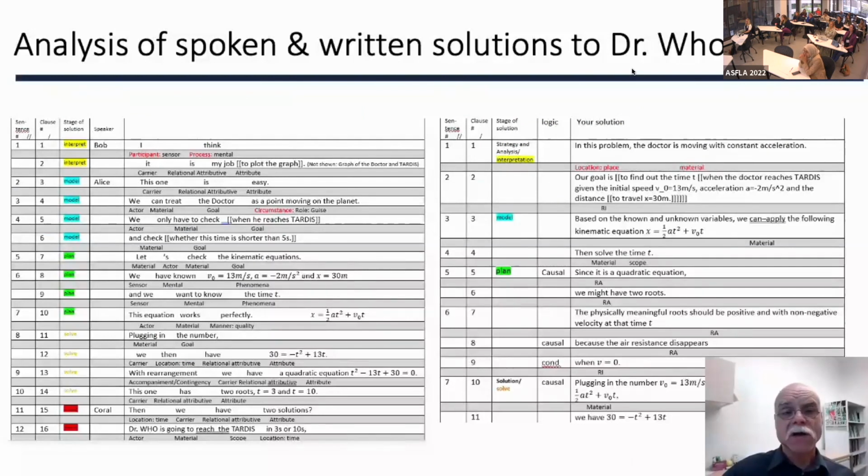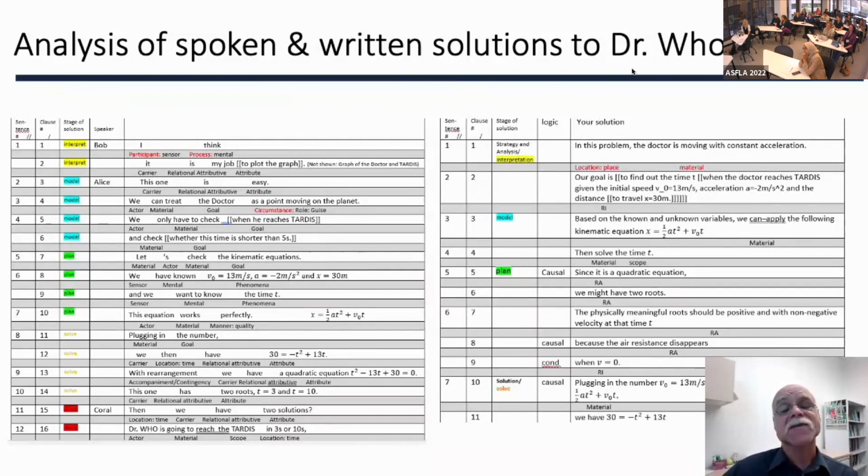Pointing out here as well some of our early linguistic analysis of comparing spoken and written versions, also earlier draft versions of these solutions. You see some higher nominal density there in the written version. What's interesting here is when we look at this line, so within the model version, we can treat the doctor as a point moving in the planet.